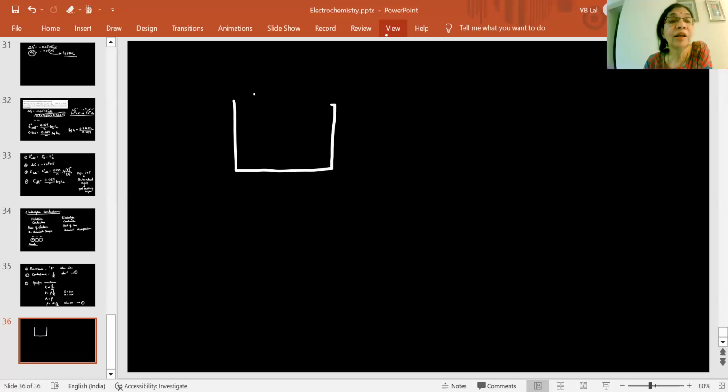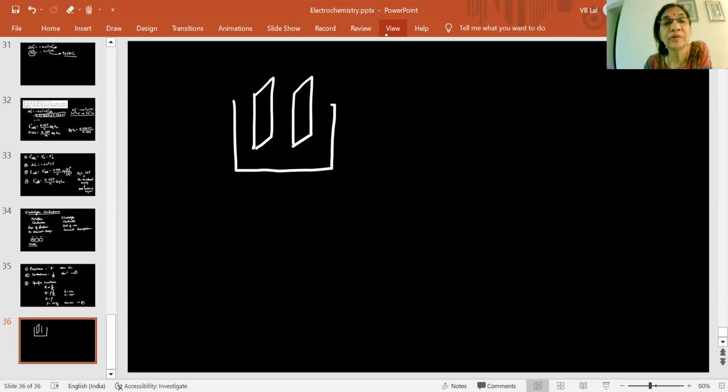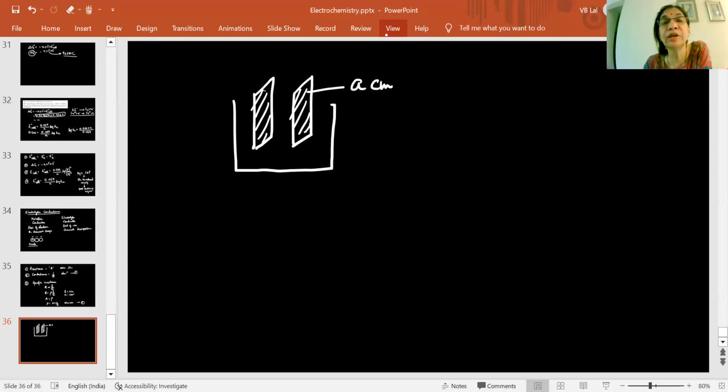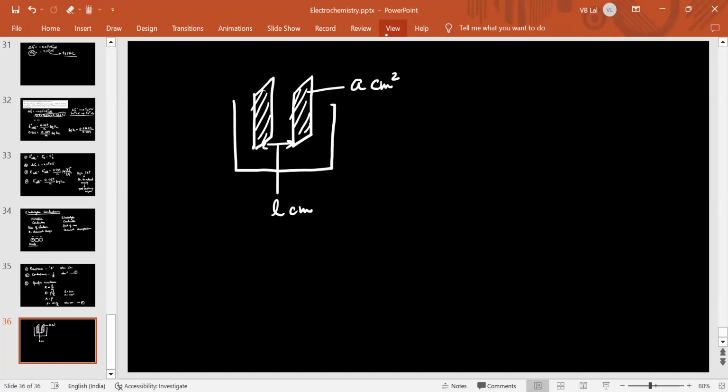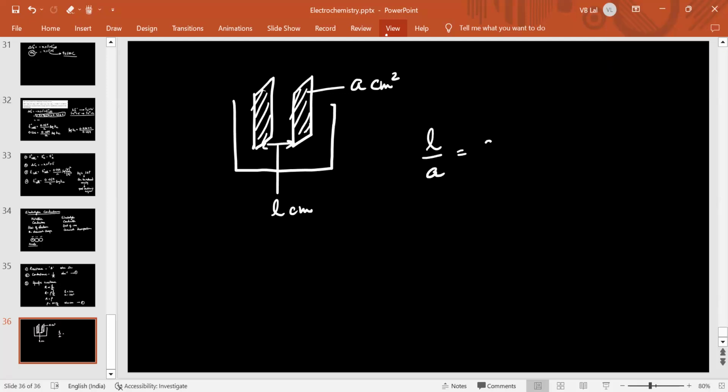One electrode is here and this is another electrode, right? And the area of cross section of this one is A centimeter square. And the distance between these two electrodes is L centimeter, right? Then L by A is known as cell constant.